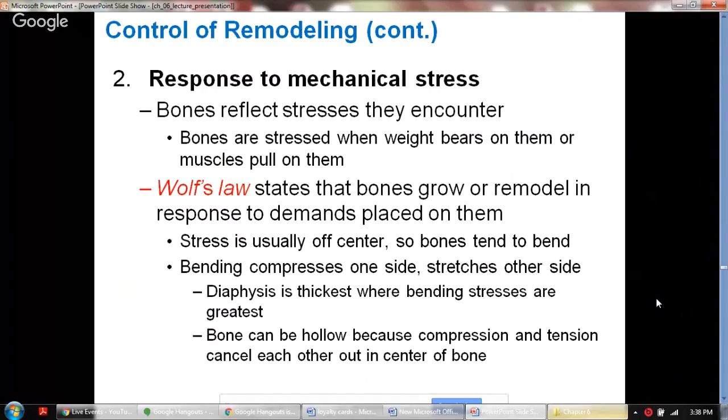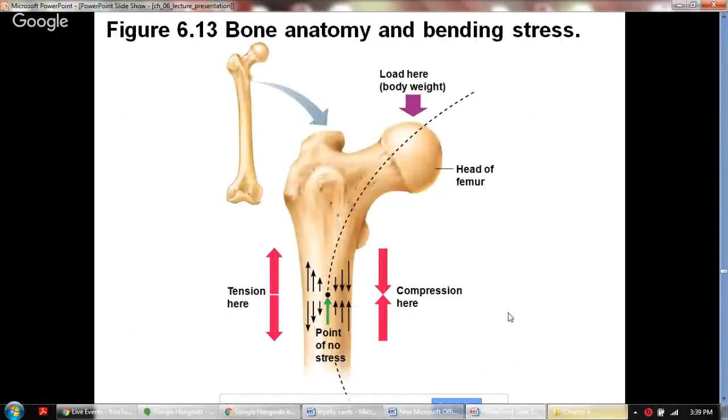Because of this mechanism, the diaphysis is thickest where bending stresses are greatest, and the bone can also be hollow because the compression and tension cancel each other out in the center of the bone. So the center of the bone is where you have the hollow, and it's okay to have a hollow in the center because that is not where the weight is being transmitted much.